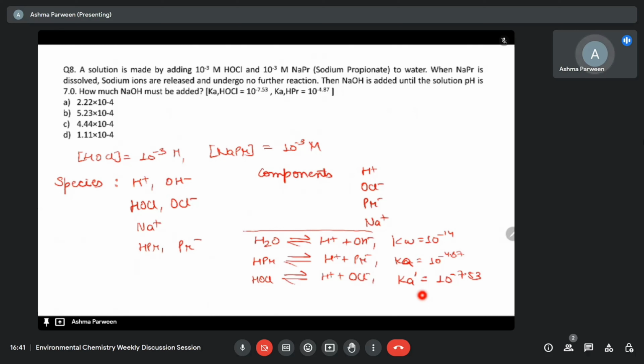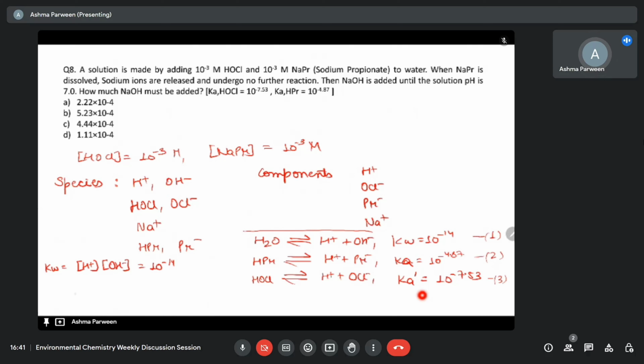Now let's write down the equilibrium relationships for these three equations, 1, 2 and 3. From equation 1, we can write Kw as concentration of H plus times concentration of OH minus equals 10 raised to power minus 14, because the activity of water is taken as 1, so it is removed from the denominator.